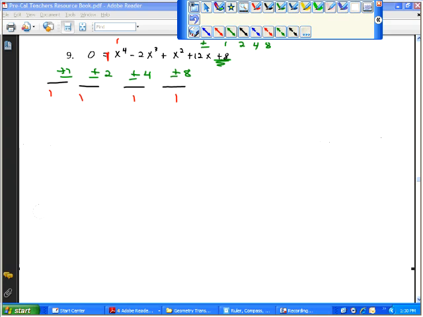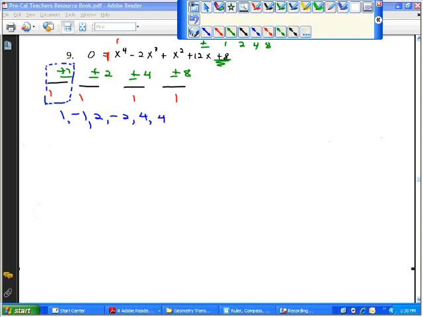So we're going to have, in this first set, positive 1 over 1, negative 1 over 1. Positive 1 over 1 is 1. Negative 1 over 1 is negative 1. Positive 2 over 1 is 2. Negative 2 over 1 is negative 2. Positive 4 over 1 is 4.